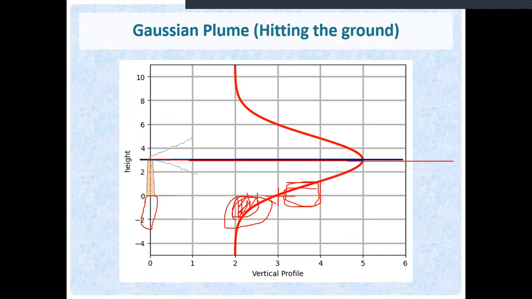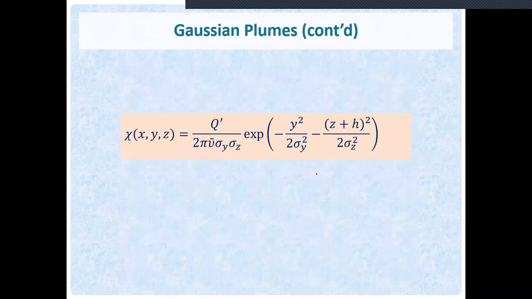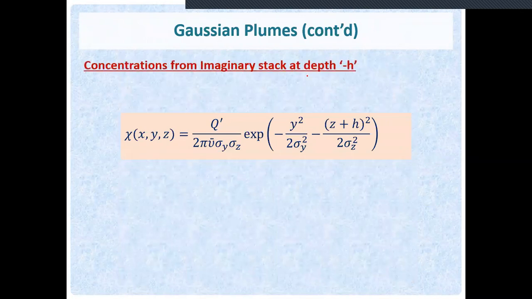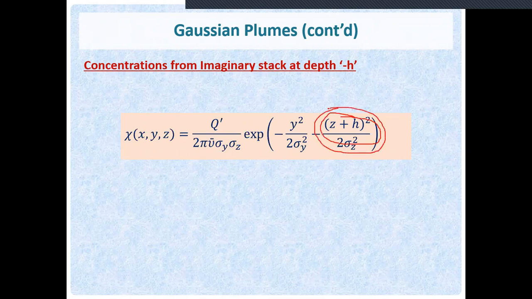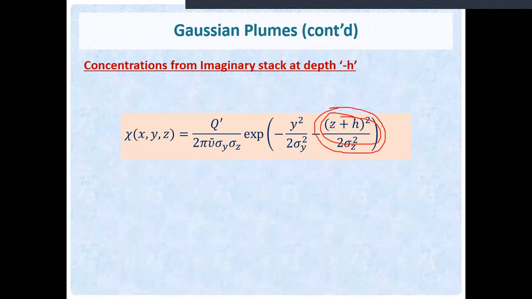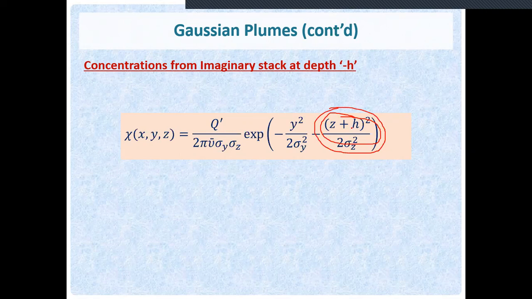Here, I considered in arbitrary units a scale height of 3. An imaginary stack is going to predict this concentration likewise above the ground. So we consider an imaginary stack at a depth minus h with the same mathematical procedure, by shifting the z concentration axis to z plus h.